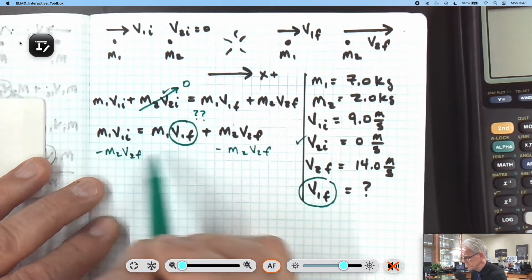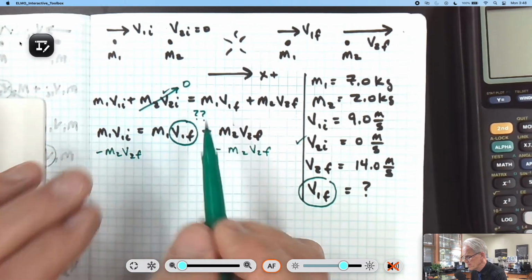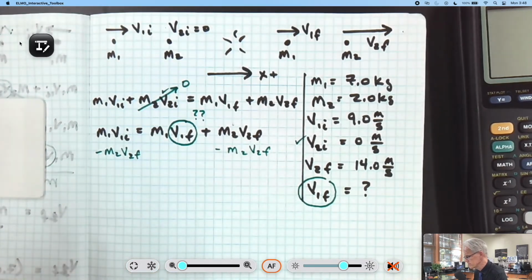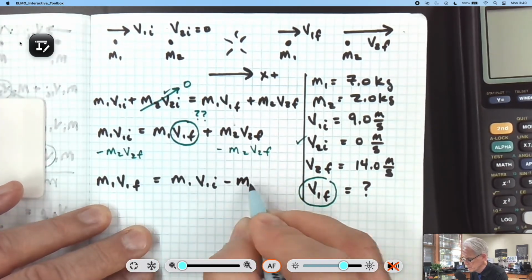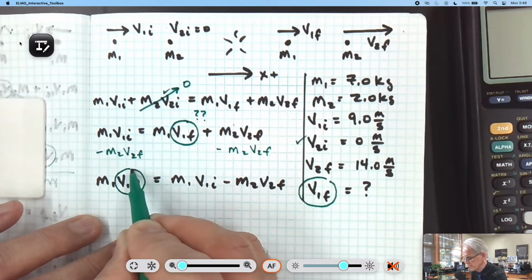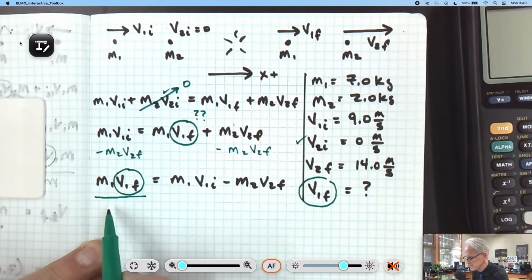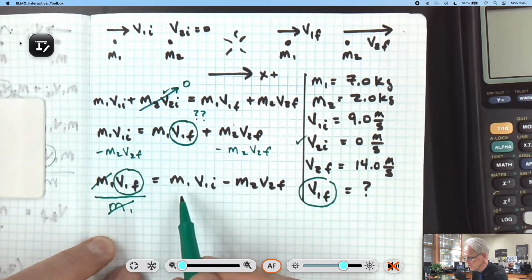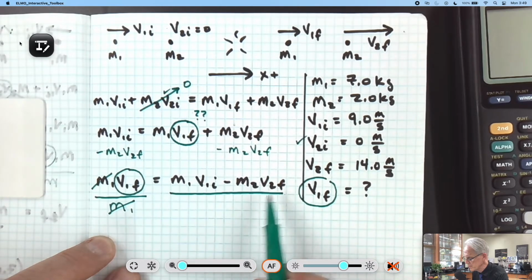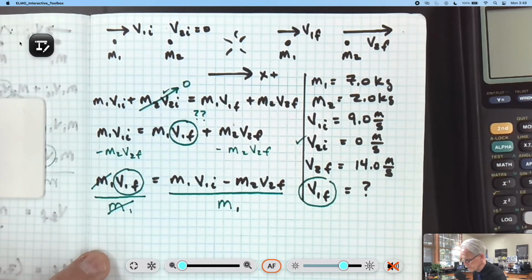I'm going to flip this around also to put what was on the right on the left and the left on the right. We're still looking for V1 final. It's multiplied by M1, so we can divide by M1 on this side, and we're going to finally have our equation.